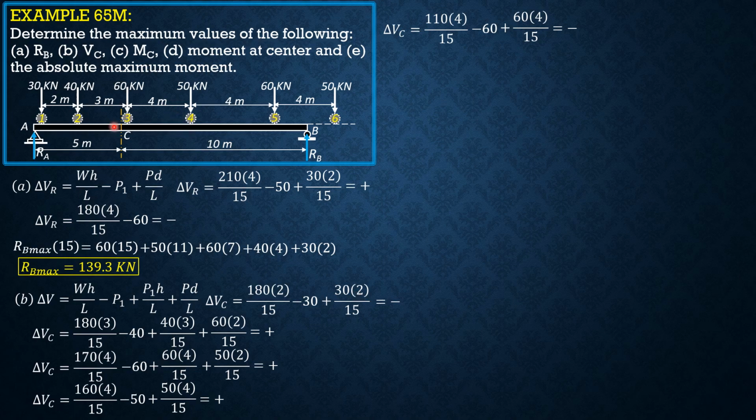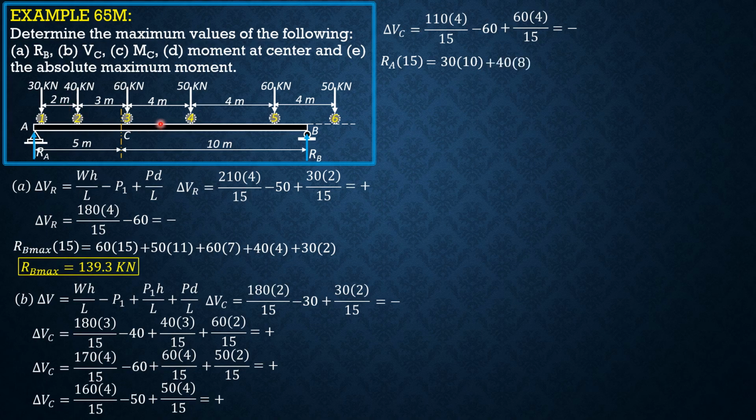Load 1 over C. So let's solve for RA. RA times 15. So load 1 is over C. So equals 30 times 10. Then plus 40 times 8. 10 minus 2 is 8.